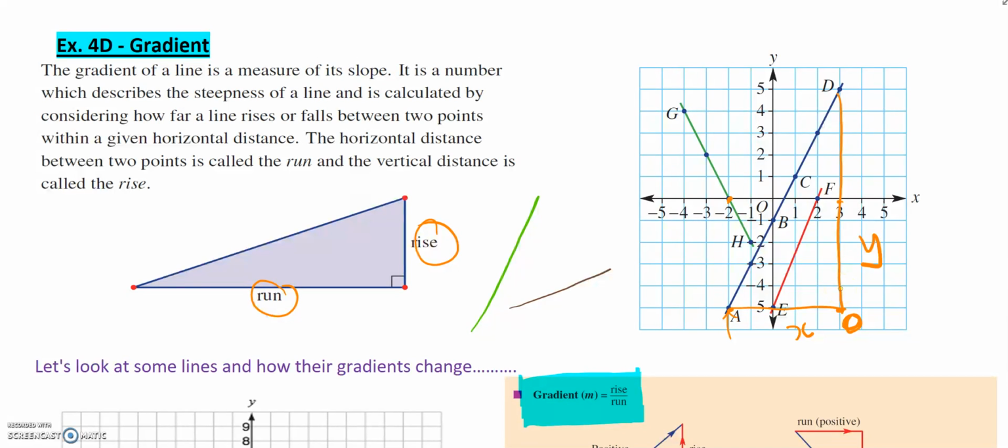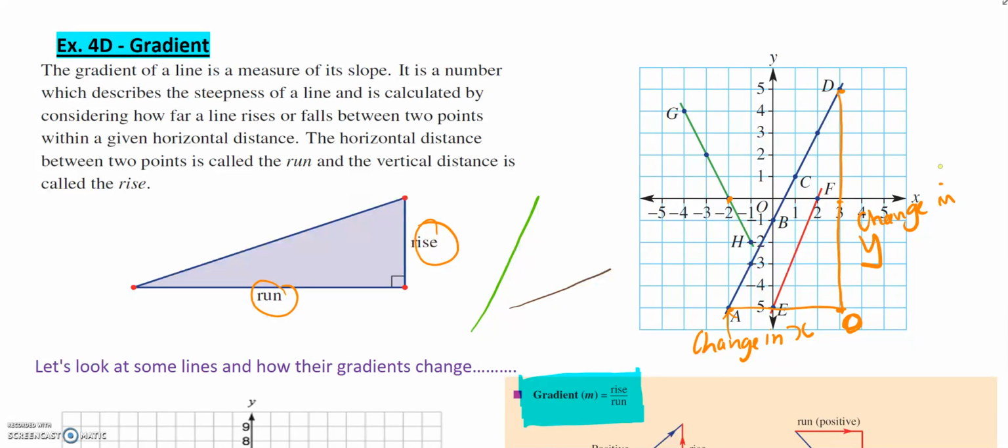Because it's a difference in distance, we say a change in x. Likewise, if you have a look at the rise, it goes from -5 to +5. That's a difference of length 10. So we say it's a change in y.